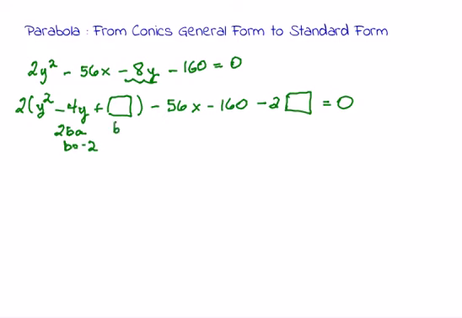So if b is negative 2, then b squared would be 4, and I'm going to put that in both of those boxes. And so now I have 2 times y minus 2 squared. And we have minus 56x, and then this is minus 160 minus 8, so that becomes negative 168, equal to 0.